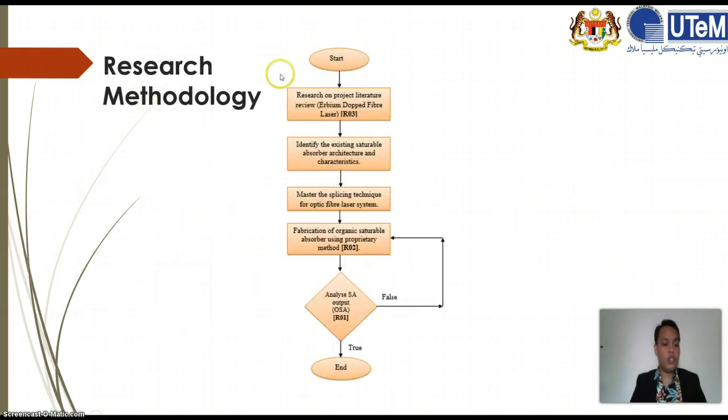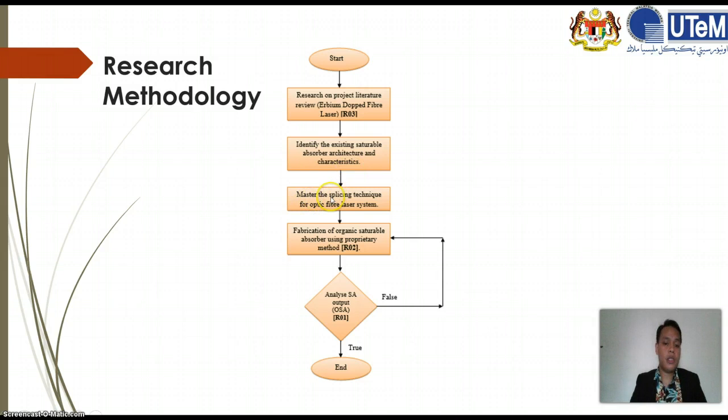Now let's move on to the research methodology. The first step, obviously, is to start the research, so we need to do a literature review on erbium-doped fiber lasers. Then I have to identify the existing SA in the market, or the research that has been conducted by previous scholars.